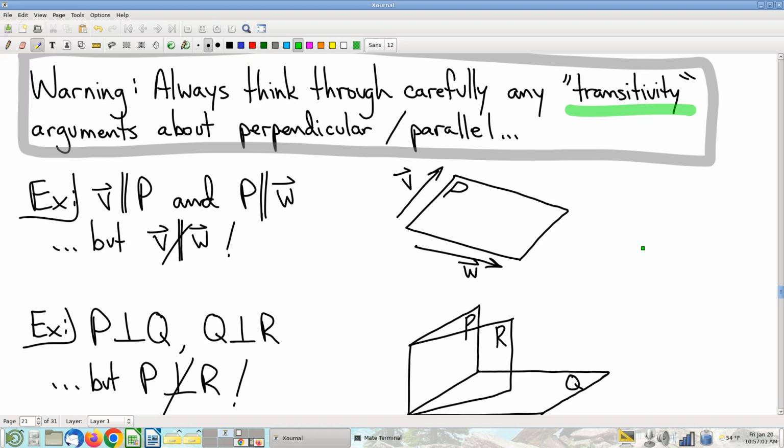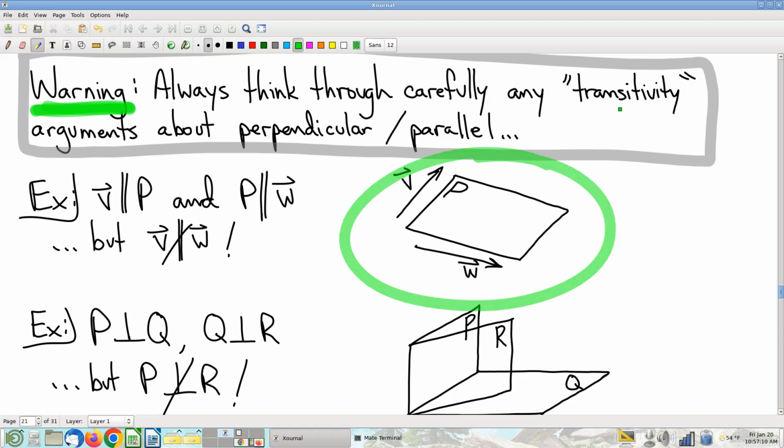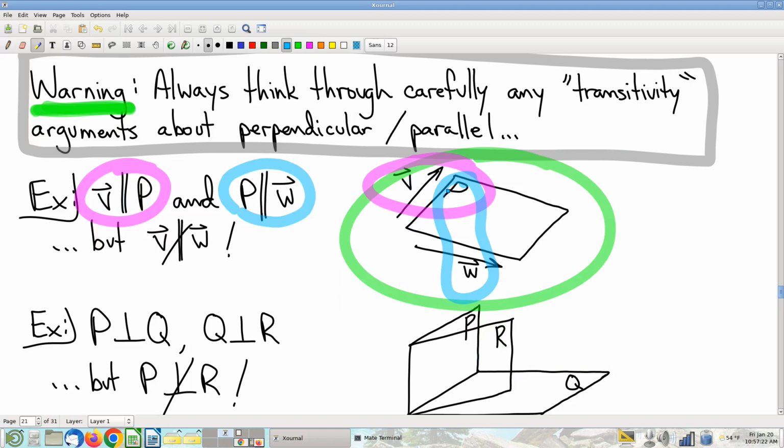Right. So, for example, and this is just by way of a warning, look at this picture over here. That picture right there, certainly that vector and the plane are parallel, sure. And also the plane and this other vector also parallel, okay, sure, fine.